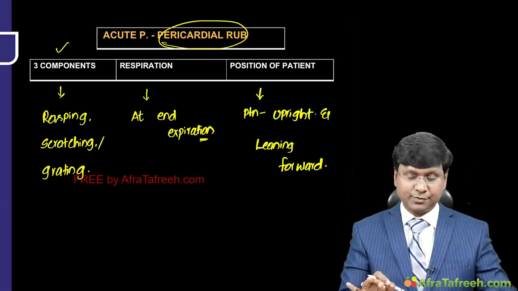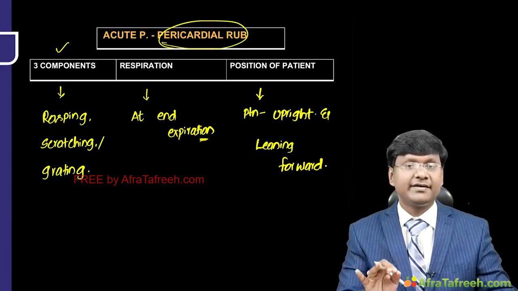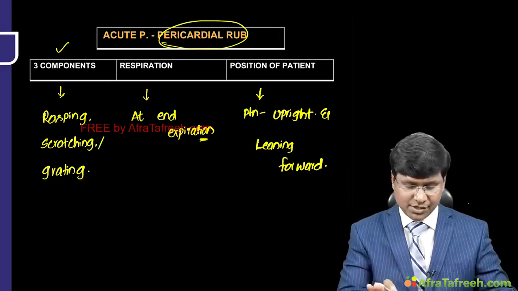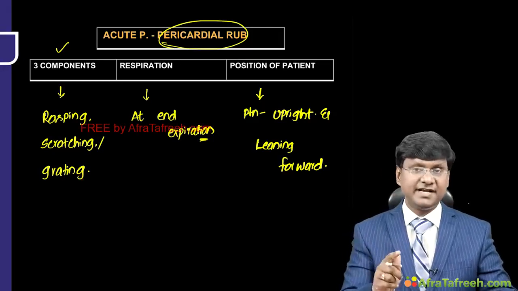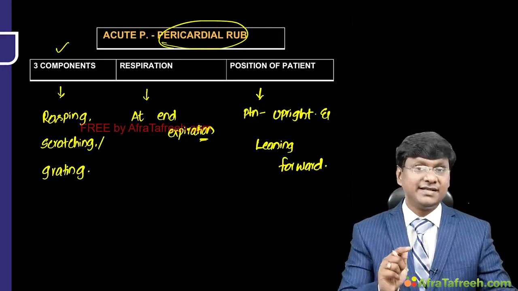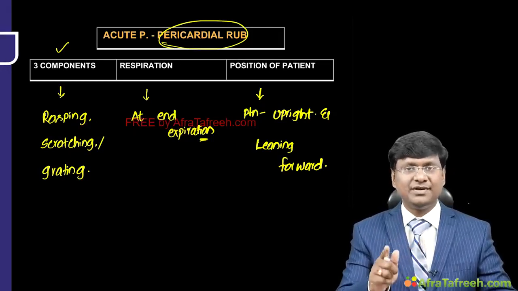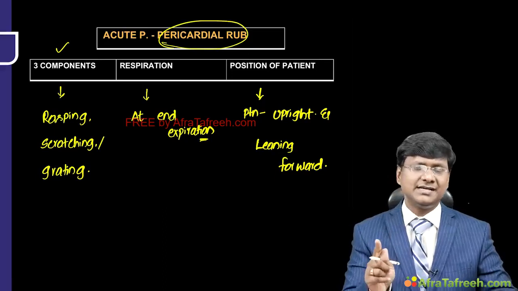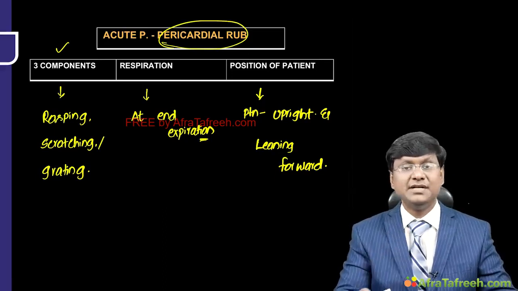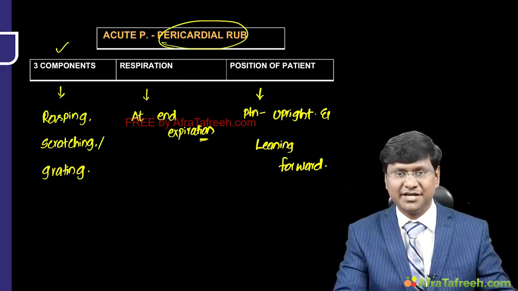This is the position in which you can characterize the pericardial rub thoroughly. You don't have this rub in acute myocardial infarction. You have it only in patients with acute pericarditis, and that is another important differentiating point from acute myocardial infarction.